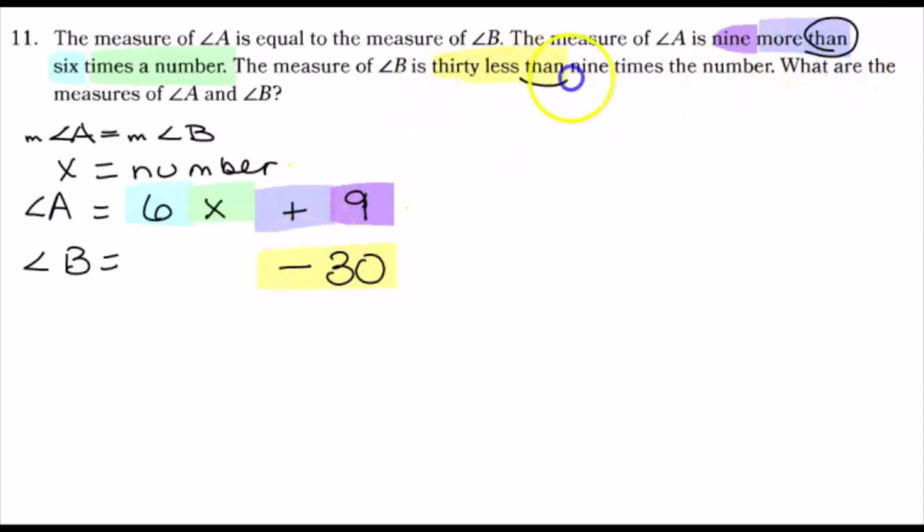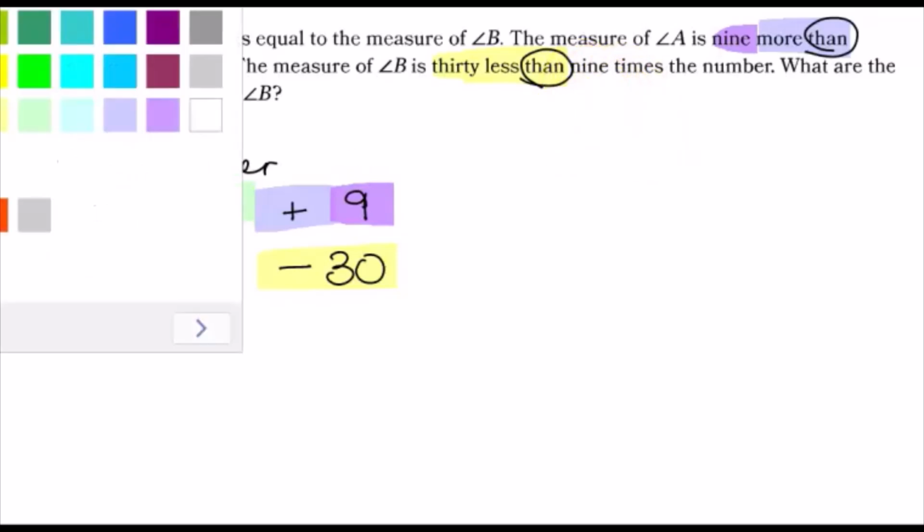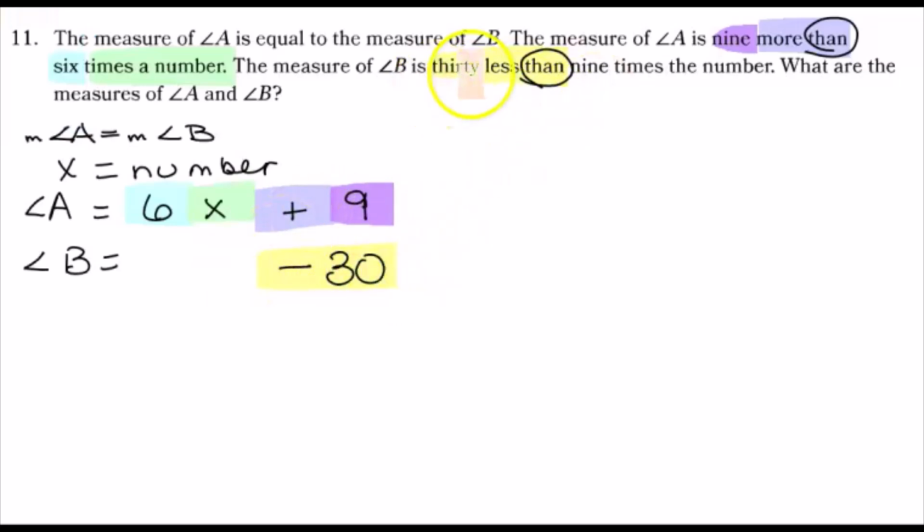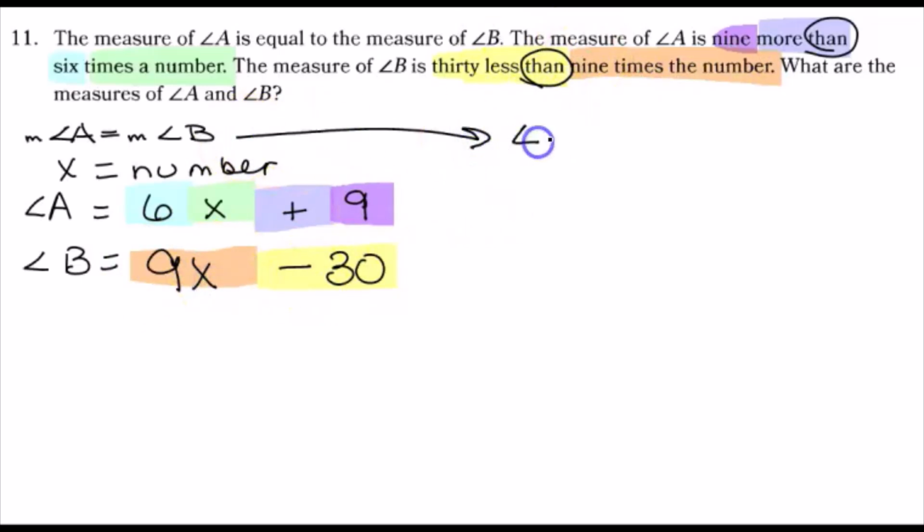Whenever you see the than, write it backwards. Where was I? 30 less than 9 times the number. And we know the measure of angle A is equal to the measure of angle B.